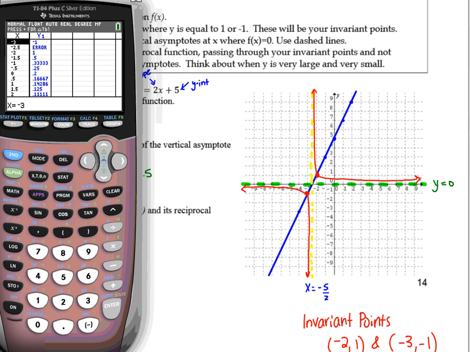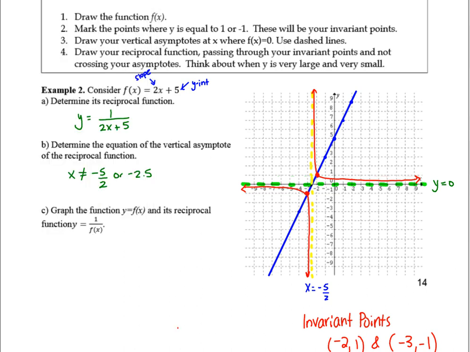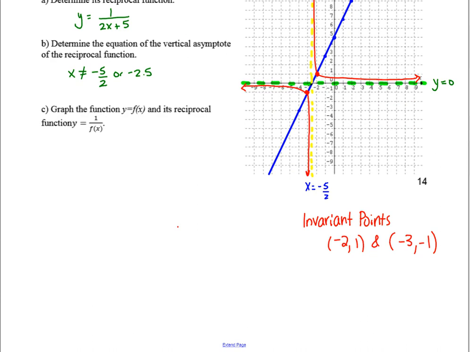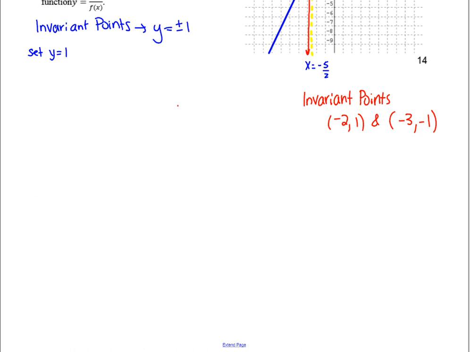I just want to add something at the bottom. How do we solve for invariant points? So we found them here. They are when y is equal to what? Positive or negative 1. So if you want to solve algebraically, you can literally set y equal to 1. And it doesn't matter which equation you use because it's the same point on both equations.